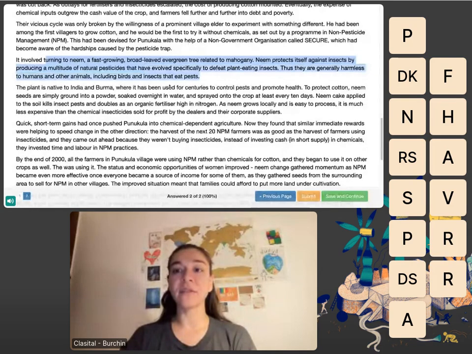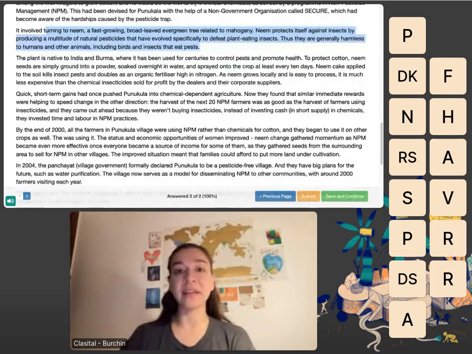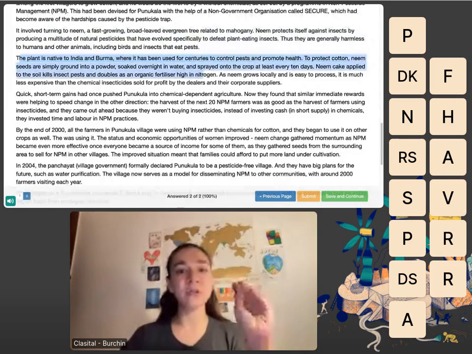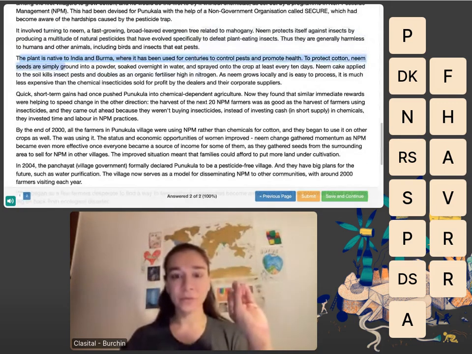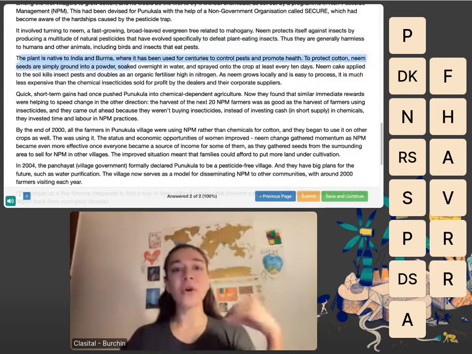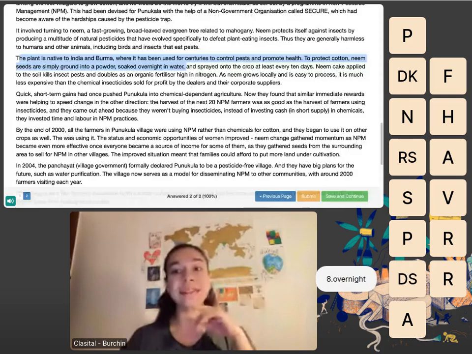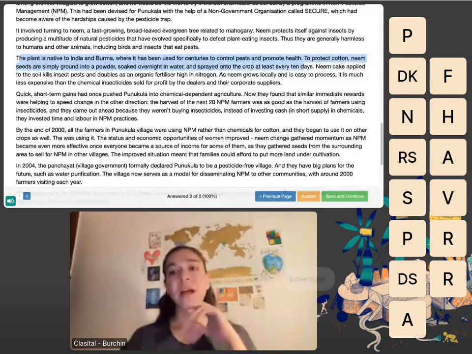Thus, they are generally harmless to humans and other animals, including birds and insects that eat pests. The plant is native to India and Burma, where it has been used for centuries to control pests and promote health. To protect cotton, neem seeds are simply ground into a powder, soaked overnight in water, and sprayed onto the crop at least every 10 days.